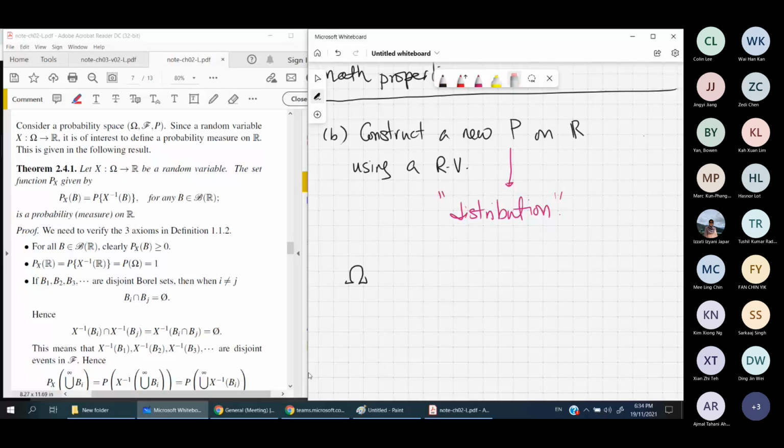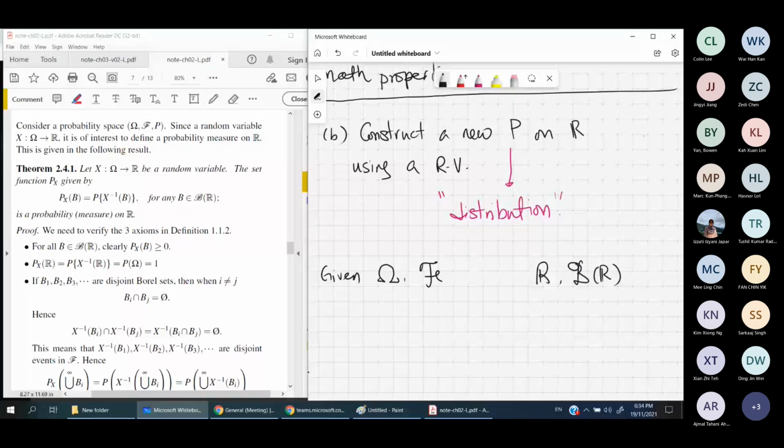So given omega, then we have an F. This is already here: R, the real numbers, are always there, and its sigma field is always there.